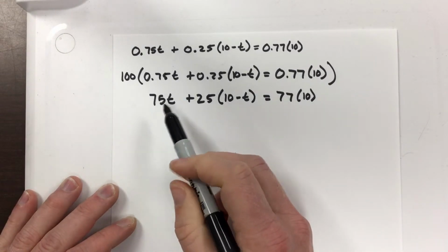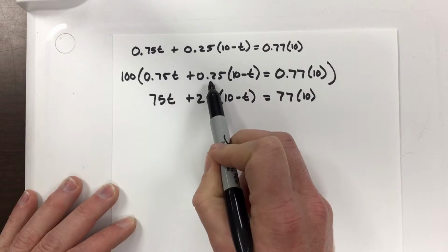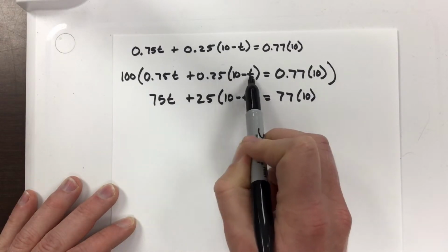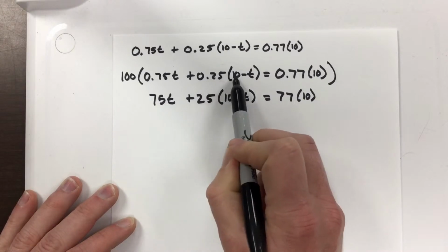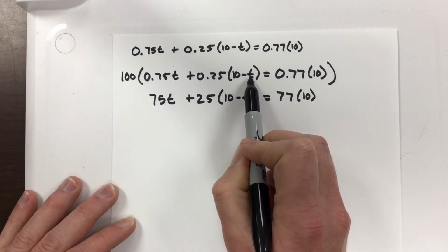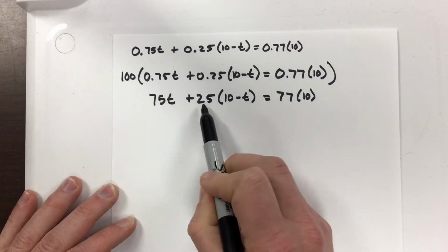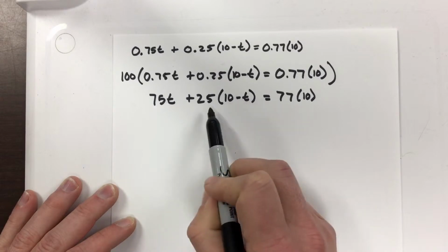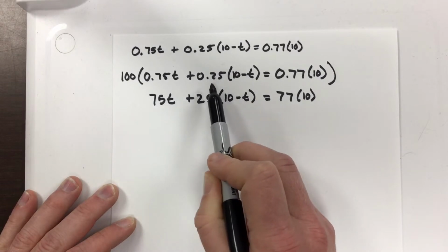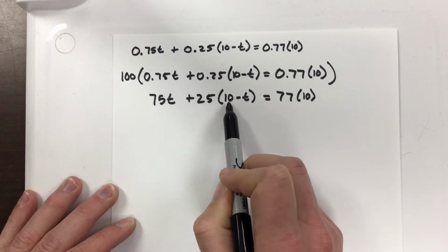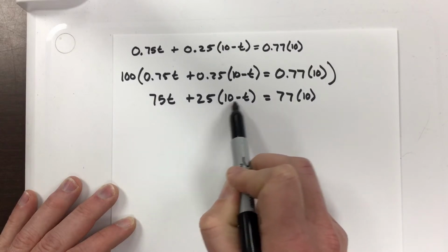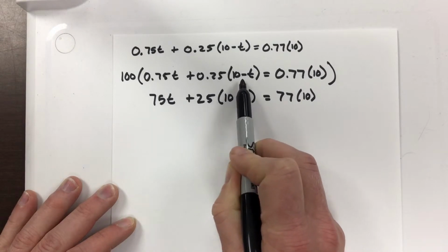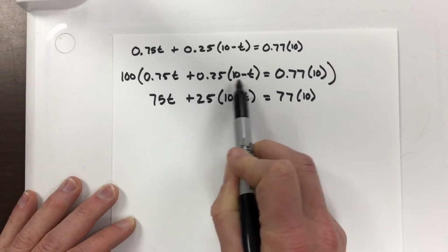The reason for that is because if I had just distributed the 0.25 without multiplying by 100, I would get 25% of 10 and 25% of t. And if you look at this line, when I distribute the 25, I'm multiplying by 25 to each of these terms, because 25 is 100 times bigger than 0.25. Technically, when I multiply these two terms by 25, they are going to be 100 times larger than what I would have had if I multiplied by 0.25.